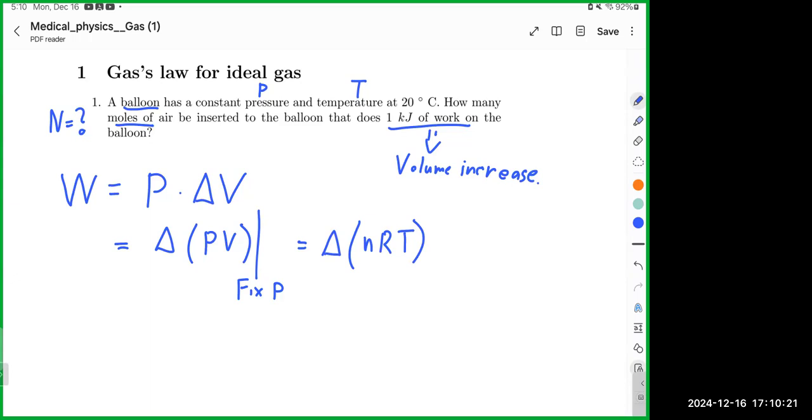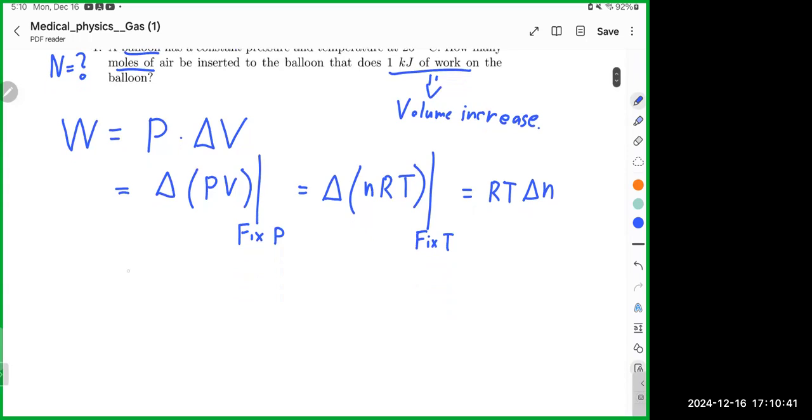And because in this case, T is fixed, then R and T would be out of the delta. There must be only delta N. Okay. And R is the constant.